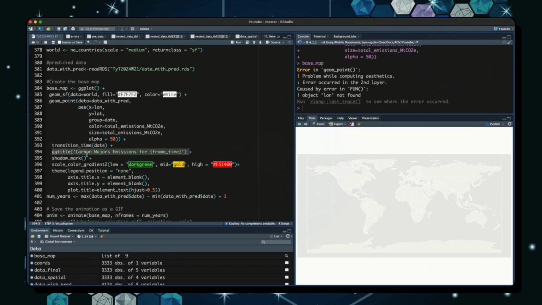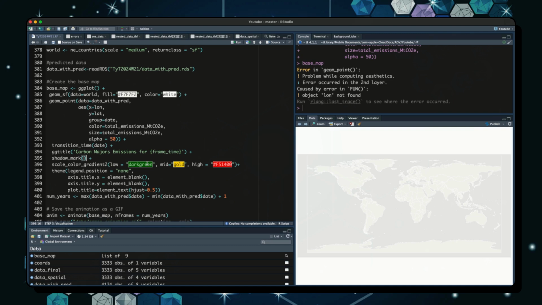Adding the title here, carbon emission for, and a little trick, we are going to use frame_time inside brackets. So in the title of our plot, this is going to change, representing the year for which we have the information. We are going to add a gradient.